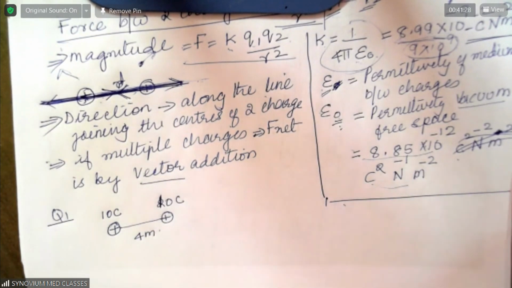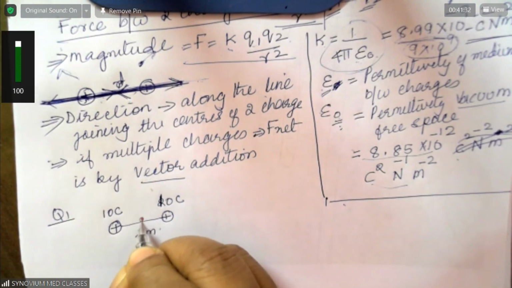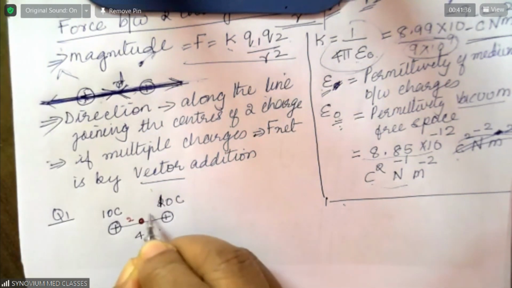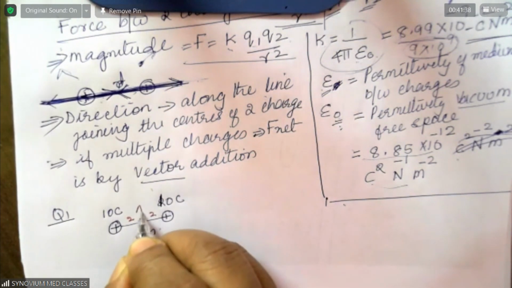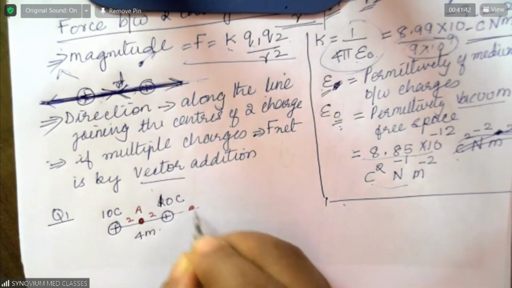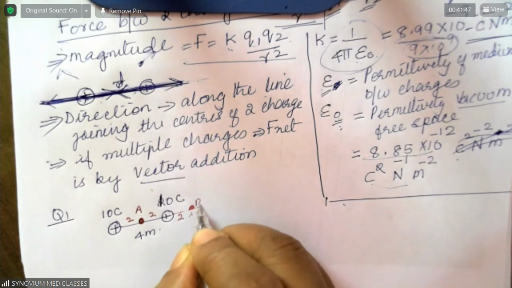Now you have to find the net force at this point A, which is 2 meters from each charge. Let there be another point B, also 2 meters from here.